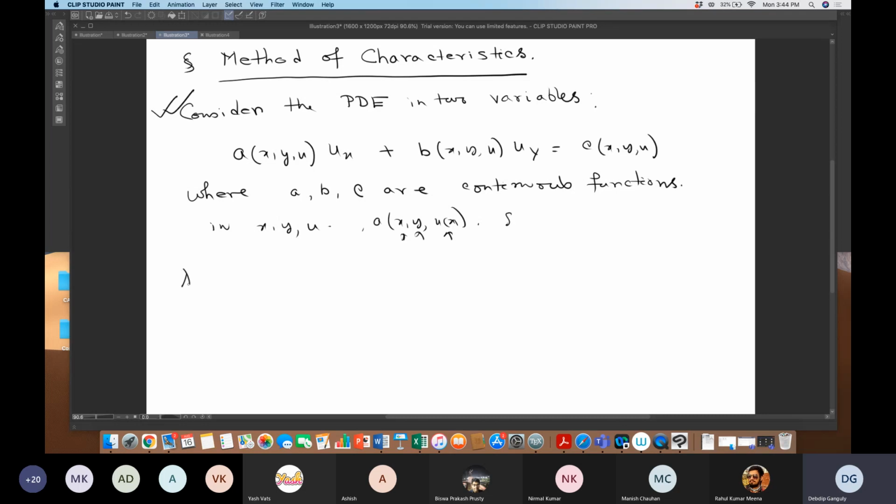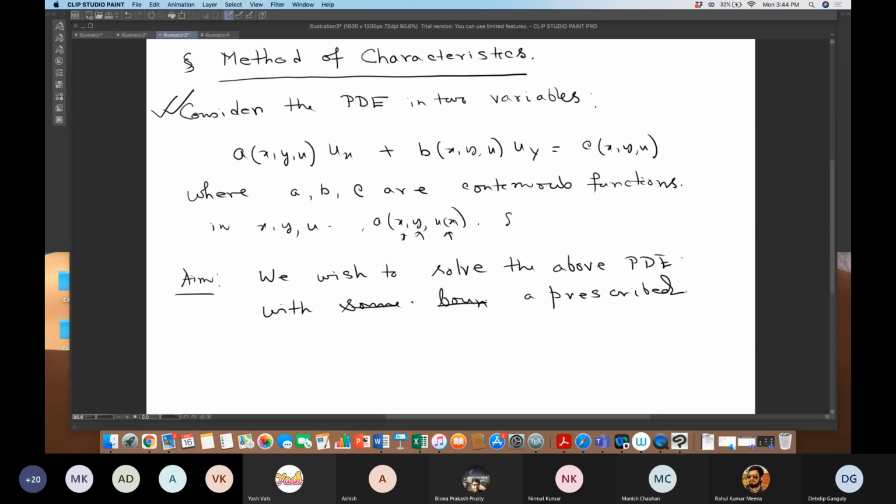That means our aim is to solve the above PDE with a prescribed boundary condition. Sometimes it is called boundary condition or sometimes initial condition.